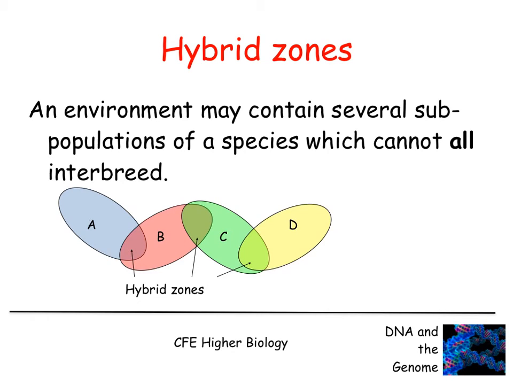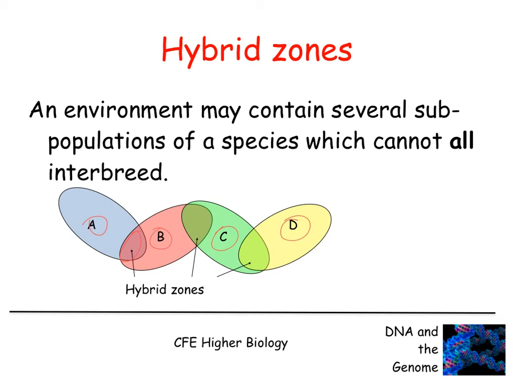Here you've got population A, B, C and D. Now, in these subpopulations, A is able to breed with population B, so you've got this hybrid zone here.